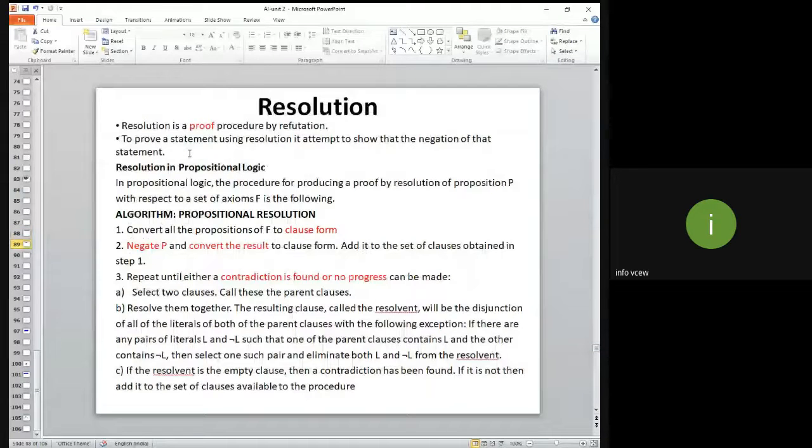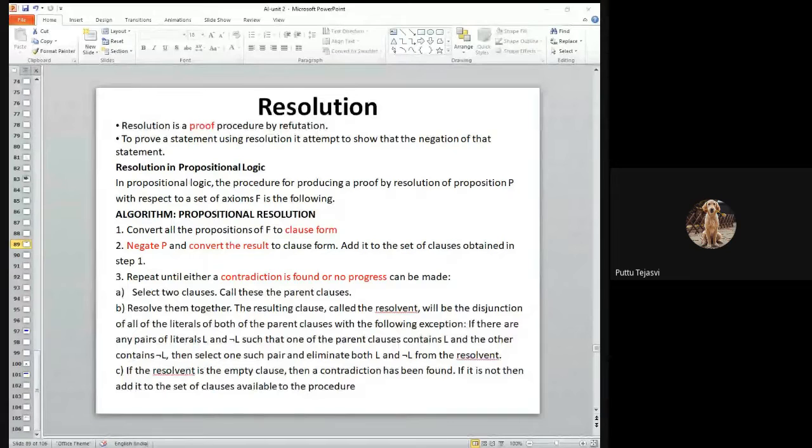Next is the resolution. This is a very important topic. Resolution is a proof procedure for refutation. What is the meaning of refutation? Anybody knows the meaning of refutation? I don't know the meaning.